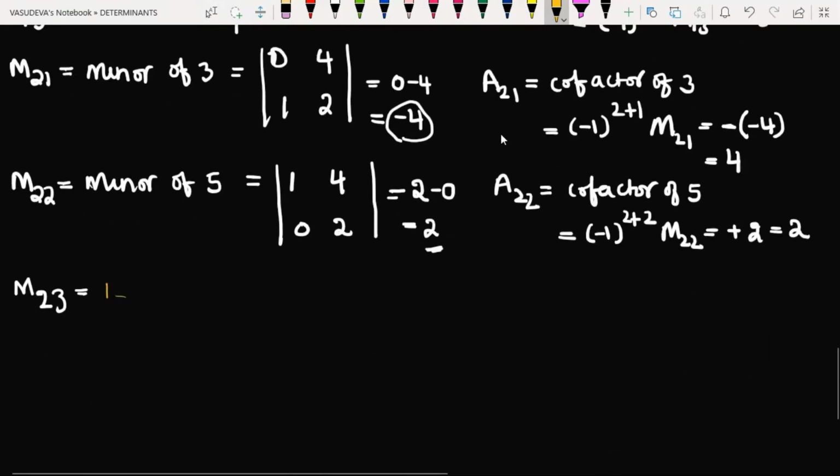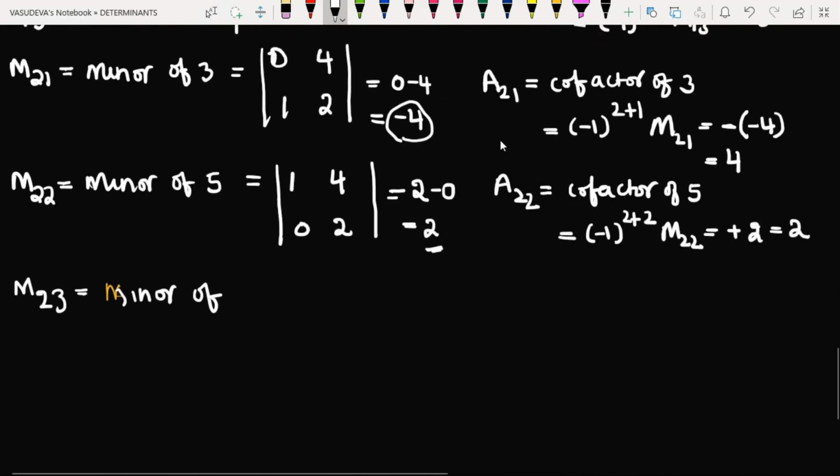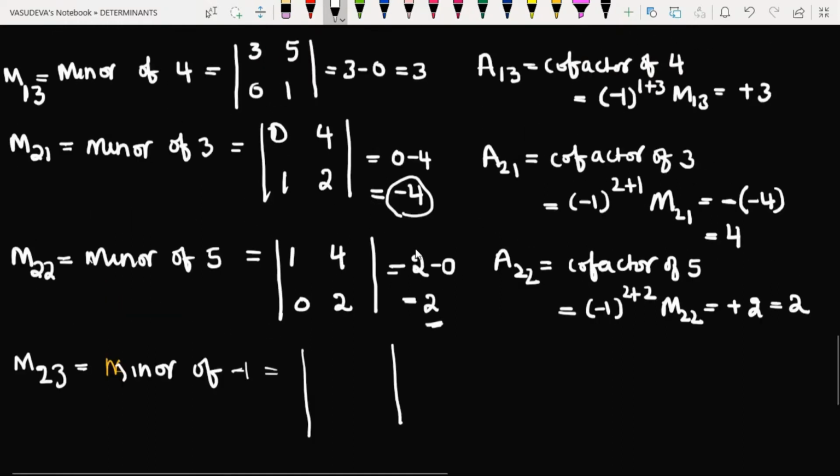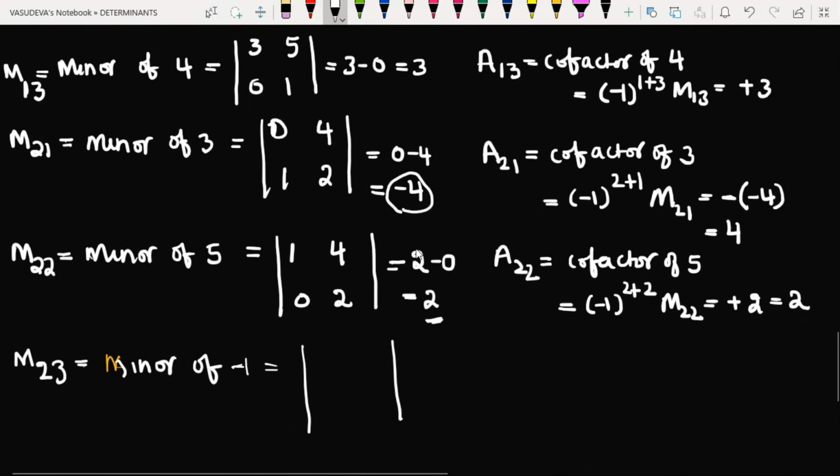So the minor of minus 1 is equal to the determinant of 1, 0, 0, 1, which is 1.